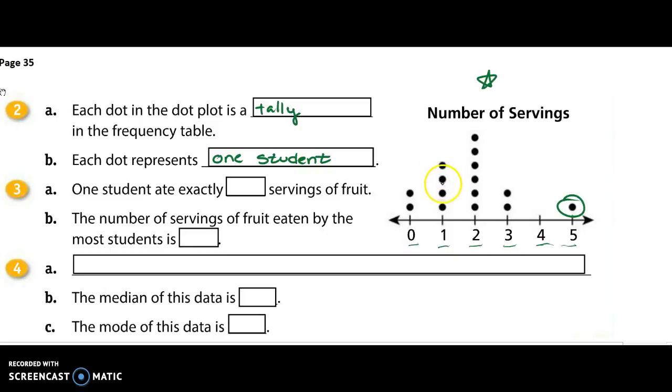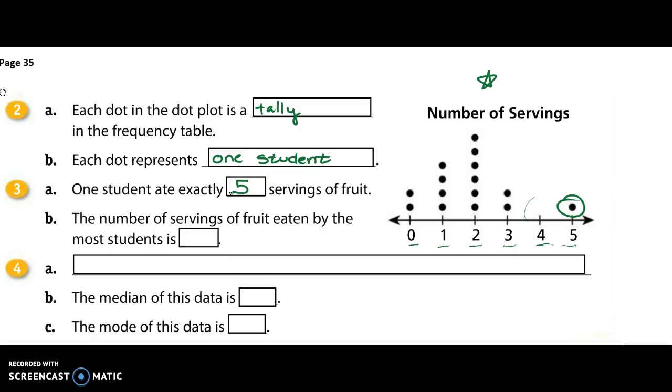There were 1, 2, 3, 4 students who got 1 serving of fruit. 1, 2, 3, 4, 5, 6 students who got 2 servings of fruit. 1, 2 students who got 3 servings of fruit. Nobody got 4 servings, and just 1 kid who got 5 servings of fruit. So our answer there is there was exactly 1 student who ate exactly 5 servings of fruit.